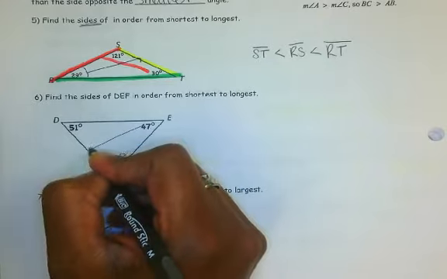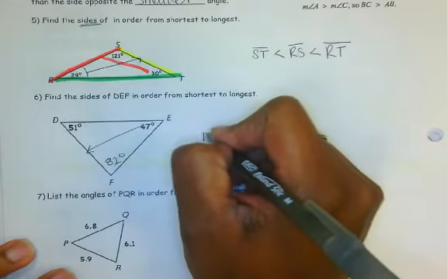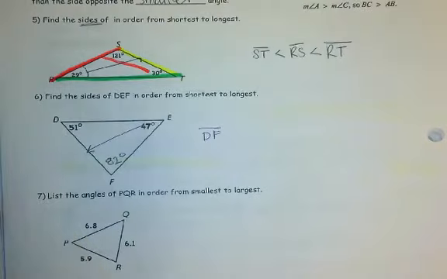So my smallest angle is 47, so my smallest side is DF. And then the next biggest is going to be EF. And then the biggest is going to be DE. So all you do is just figure out which ones are bigger, and that's how you put it in order.